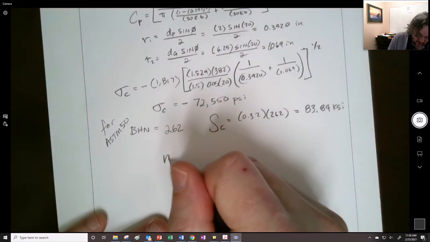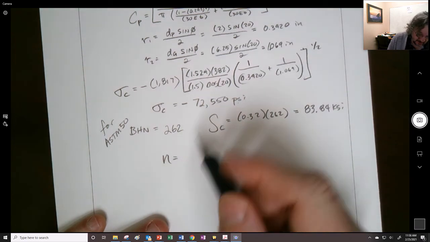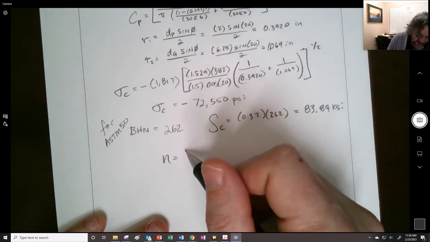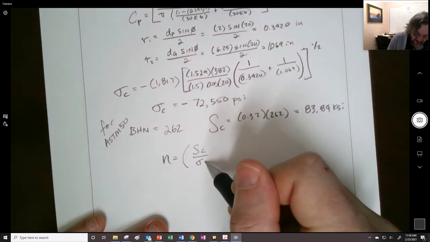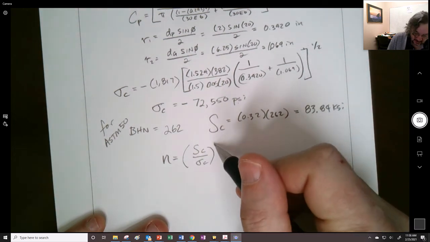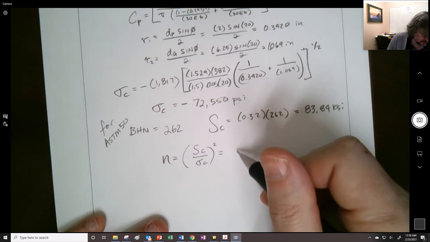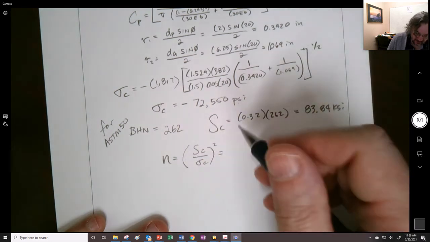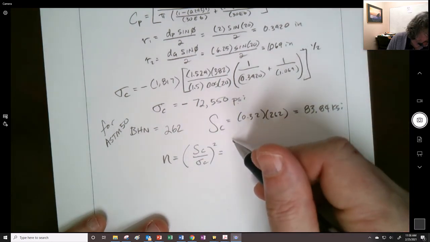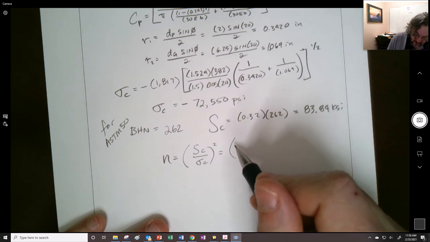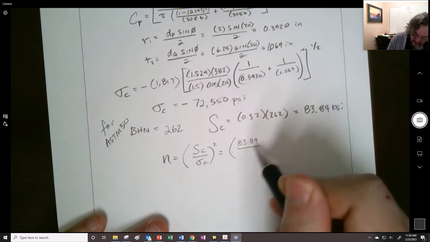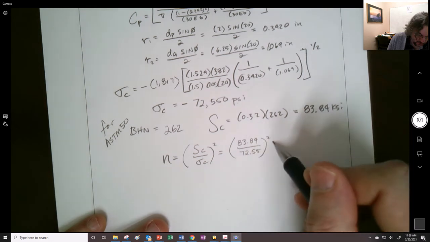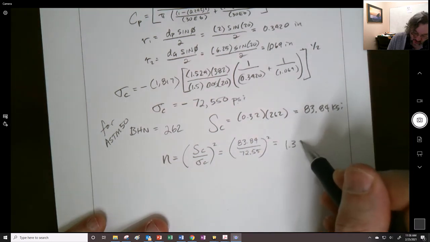So according to them, the safety factor that we're using, one means of finding it is to take that SC divided by sigma C and square it. And we don't care about the negative, by the way. I don't know why we had to put that negative in there. So we say that's going to be 83.84 divided by our 72.55, squared, and we get 1.34.